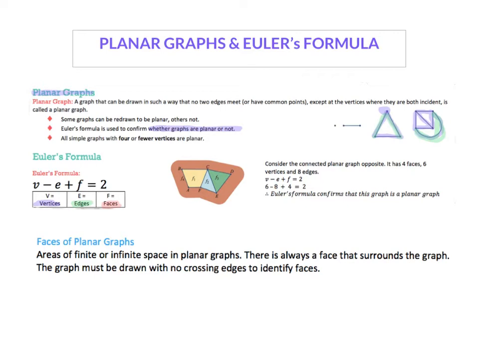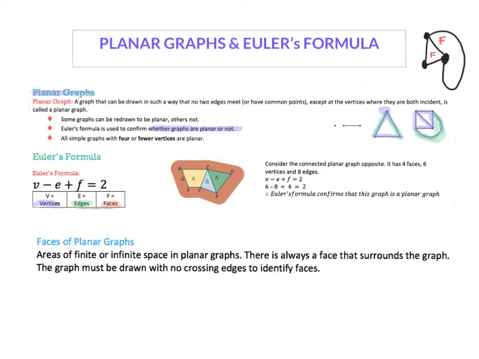I'll draw an example for you. Say I'm just drawing a network up here, just making that up. If I'm counting the faces, you're counting the spaces that it's made. So this would be one face. This is a face.